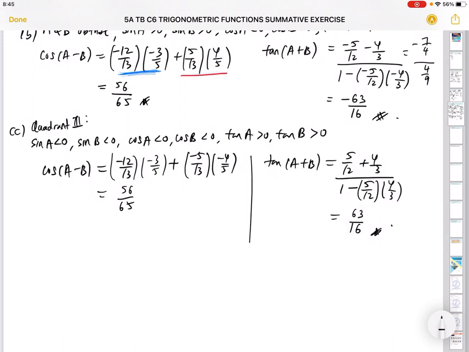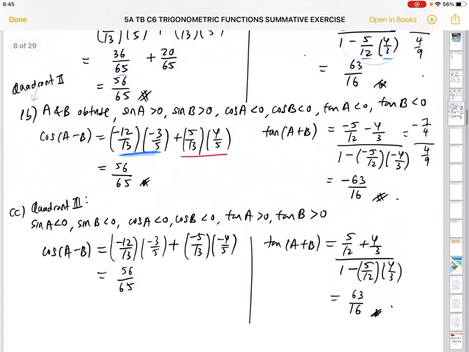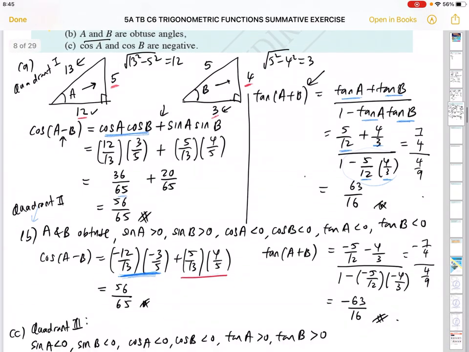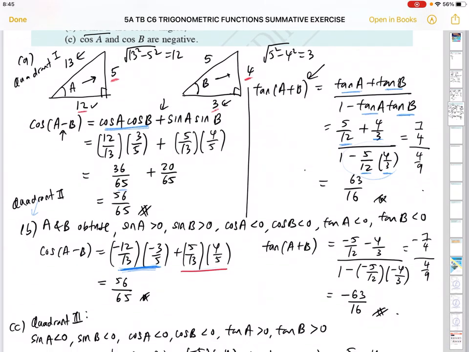Now notice this answer, I forgot to check the answer. Cos A and B are negative. Your cos A minus B remains the same, still positive, 56 over 65. But your tangent can be positive, can be negative.